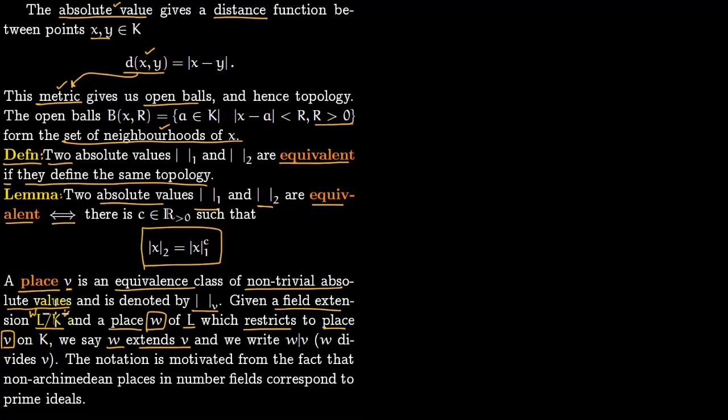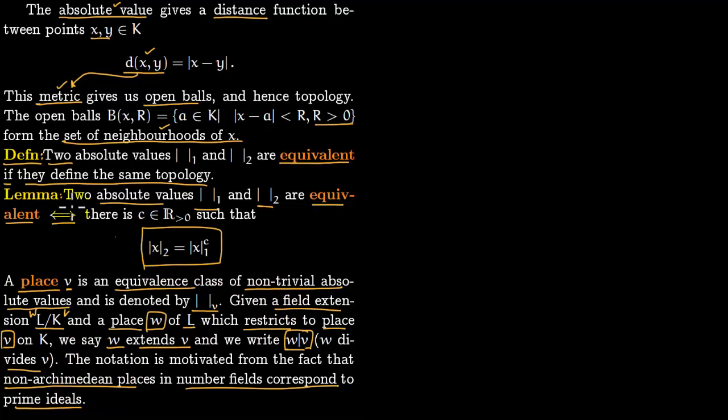W is on L, you restrict it to K, it becomes V. So we say that this W extends V, and we write W divides V. This notation comes from the fact that non-Archimedean places in number fields correspond to prime ideals. So you need to think in terms of factorization of ideals in a Dedekind domain.